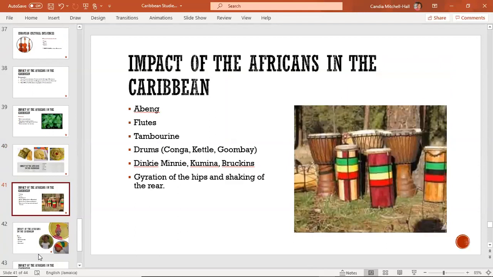Our music. Our music today in the Caribbean is very much influenced by Africans: the abeng, the flute, the tambourine. If you're a Pentecostal, you can't go to church without your tambourine. You must have a tambourine if you're going to church.